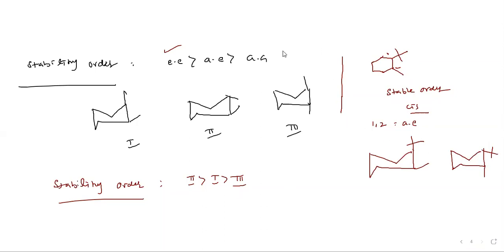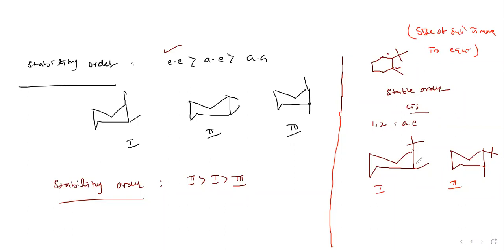Which is more? We wrote two possibilities, right? Which one is correct? Always the larger size of substitution you should write in equatorial position.